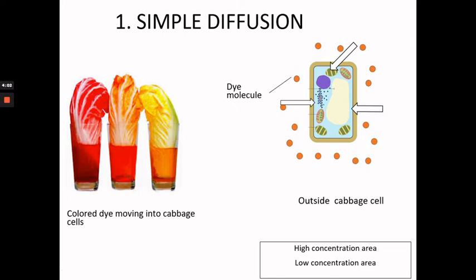Now, if we zoom into the cells of the cabbage, what are we going to see? Outside the cabbage cells, we have a high concentration of the dye molecules. But inside the cabbage cell, we have low concentration. So what happens is that the dye molecules will move from the high concentration area to the low concentration area. And this is called simple diffusion.